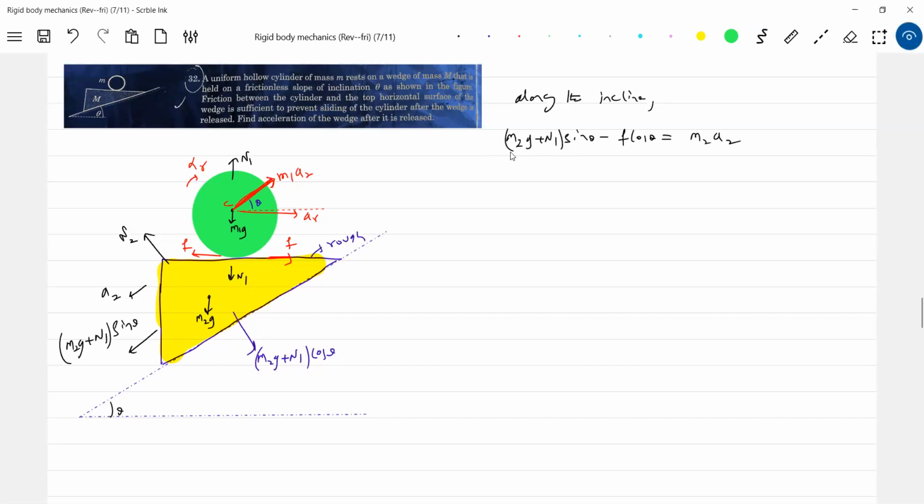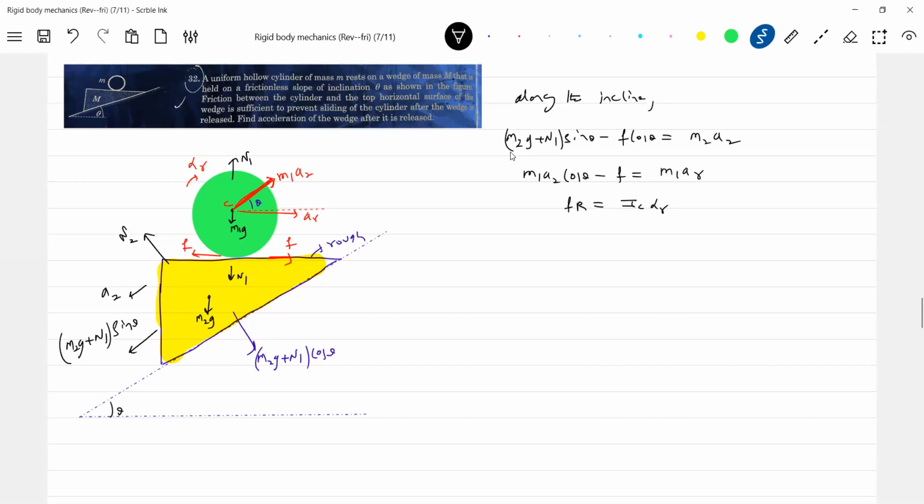Component of friction also should come, F cos theta, rolling friction. Then for the hollow cylinder, uniform hollow cylinder, M1 A2 cos theta minus F should be equal to M1 AR. Then F into R should be equal to IC into alpha.